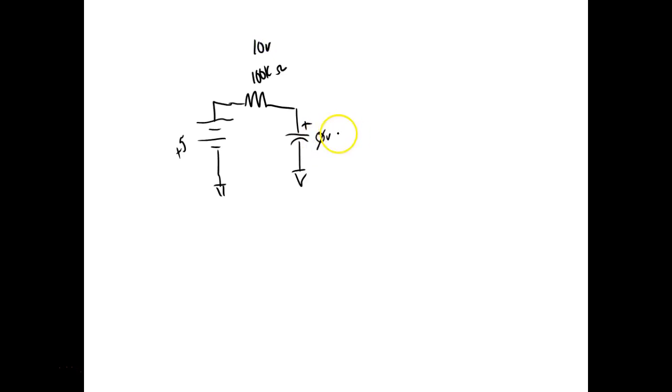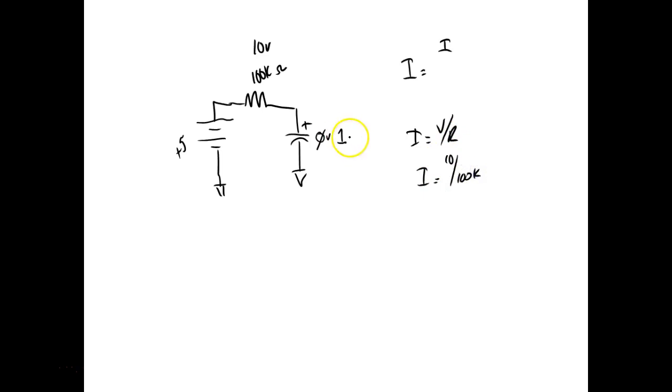Now, as soon as this charges, my current in the circuit, we can't calculate it with the capacitor because we don't know its opposition, right? But I do know that I would be equal to V over R. You don't have to calculate it, we're just going to notice this. So I would be equal to 5 volts over 100K.